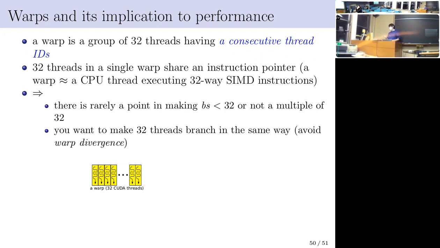This is the only thing you can do. Again, it is not possible that, for example, these 10 threads execute instruction A while the other 22 threads execute another instruction B at the same cycle. It never happens. It is not possible.